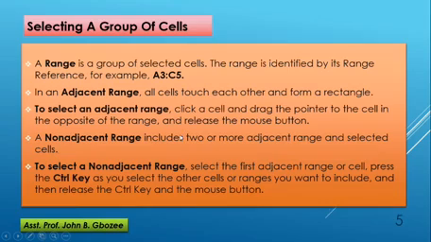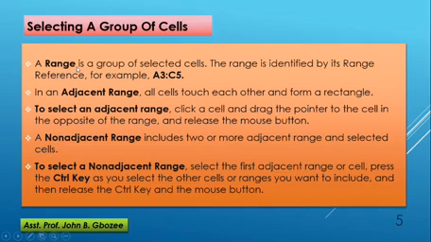Selecting a group of cells. A range is a group of selected cells. Before we select a group of cells, we have to give some definition of some words like range.